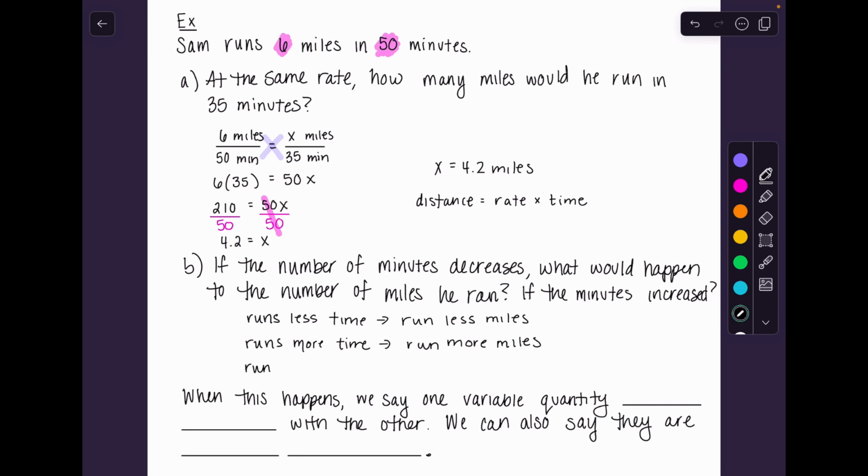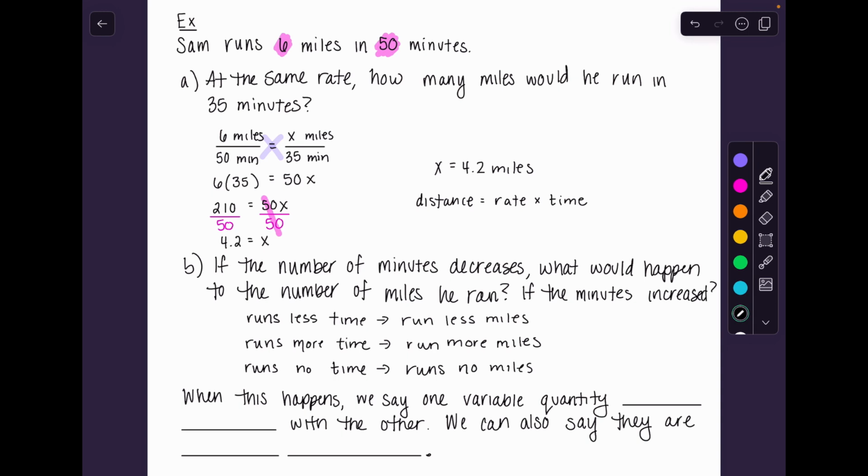If he runs for no time, he runs for no miles. And that might seem silly to point out because, yeah, you're not running at all. There's no way that you could run any miles. But this is a really important stipulation.